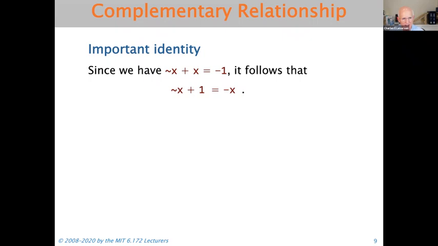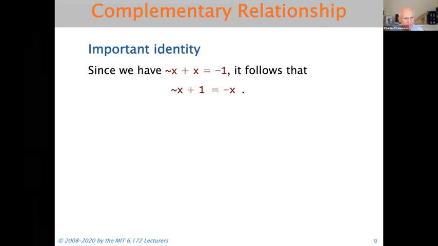So tilde x is just a 0 where x is 1 and a 1 where x is 0. If you add those two things together, tilde x plus x, you get minus 1, because every position is going to have a 1 and a 0.